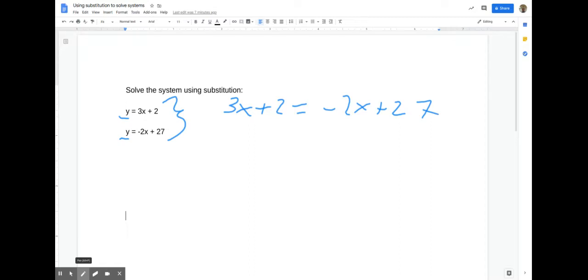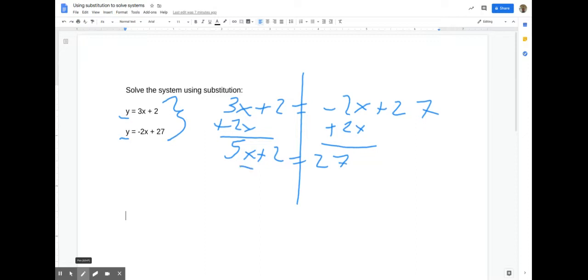Now, this leads us to an interesting idea that we can simply solve a basic equation by adding 2x's to both sides to get 5x plus 2 equaling 27, and subtracting the 2, to get 5x equaling 25, and dividing by 5 to get x equaling 5.